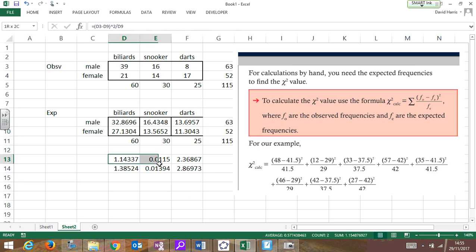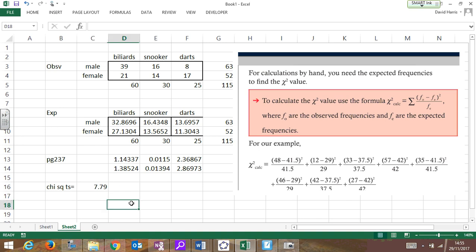Now, I've copied this example from page 237 of the textbook, in which you'll find the chi-squared test statistic. Test statistic is 7.79.